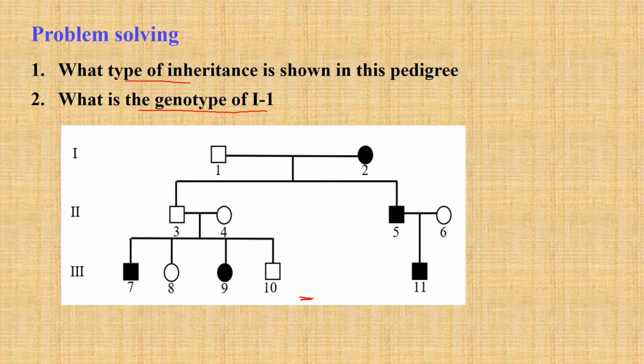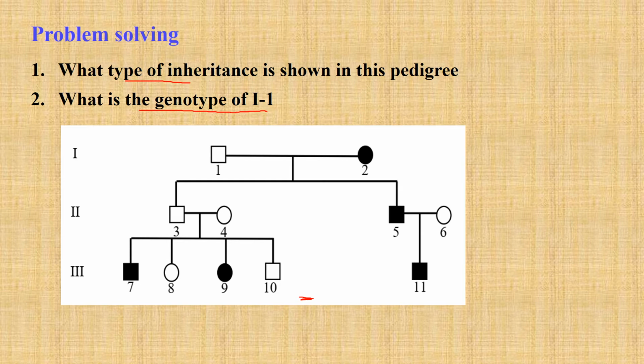The first thing that we should note when we want to answer pedigree questions is that we should look at the pedigree diagram overall. We should try to see if the disease trait skips generations. That means it is found in generation 1, absent in generation 2, found in generation 3, and so on.